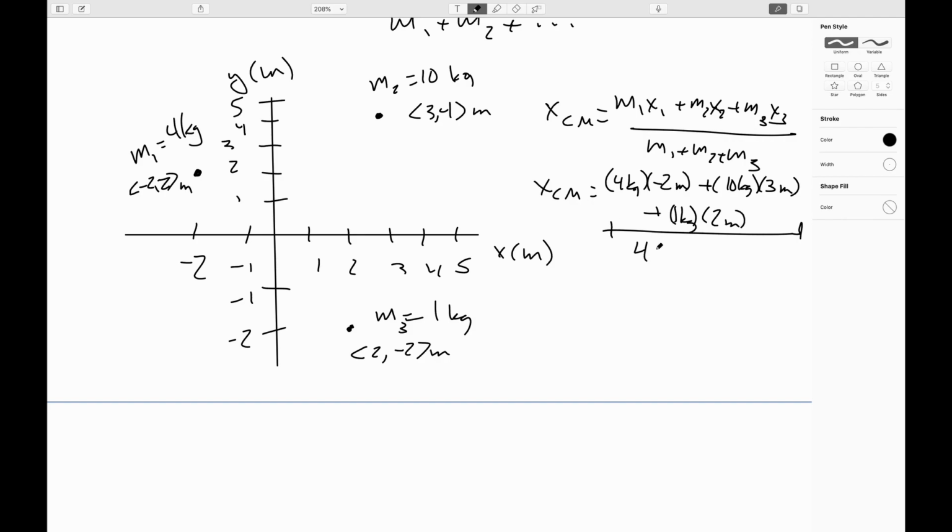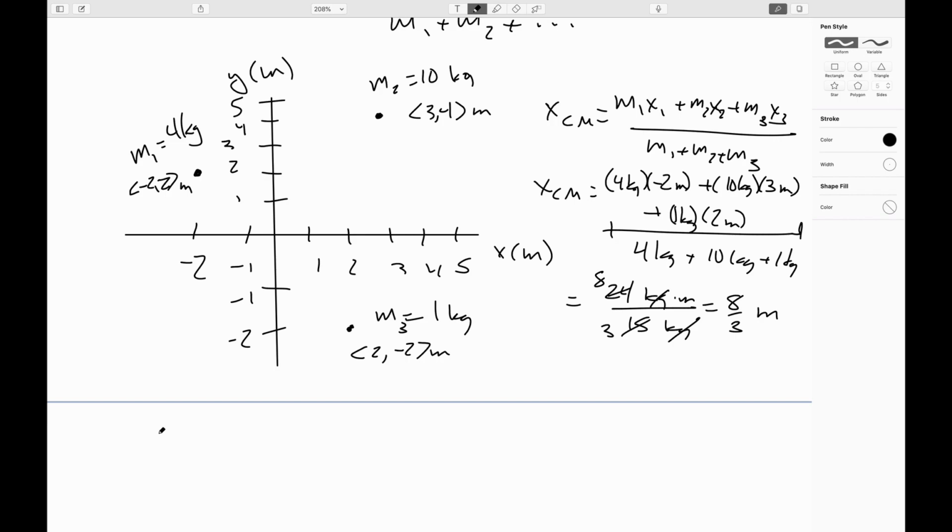And that will all be divided by 4 kilograms plus 10 kilograms plus 1 kilogram. So that's going to be, let's see, -8 plus 30 is plus 22, plus 2 is 24 kilogram meters over 15 kilograms. You can factor out a 3, and so that gets us 8/3 meters.